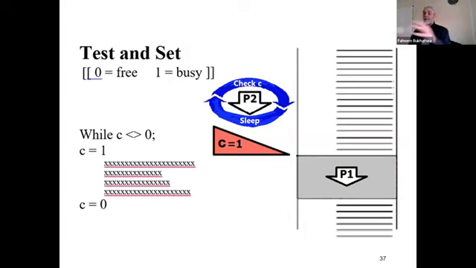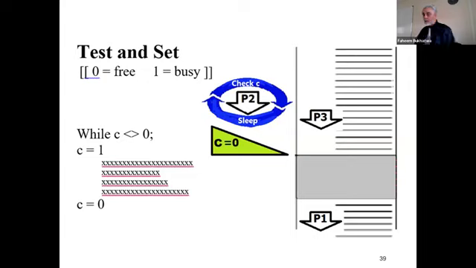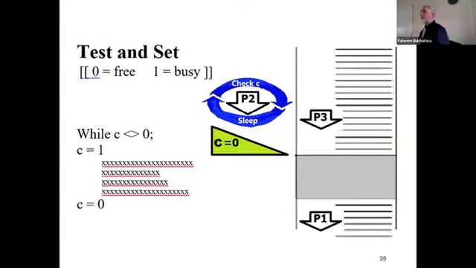If it finds the light green, it will go in and turn it red and stay in the critical section. Now another process comes in. Remember, process 1 is still in the critical section. Now process 3 arrives. What do you think it will do? But just before this moment, process number 2 had checked the flag. It said it's red. It went to sleep. The moment it went to sleep, process 1 left.